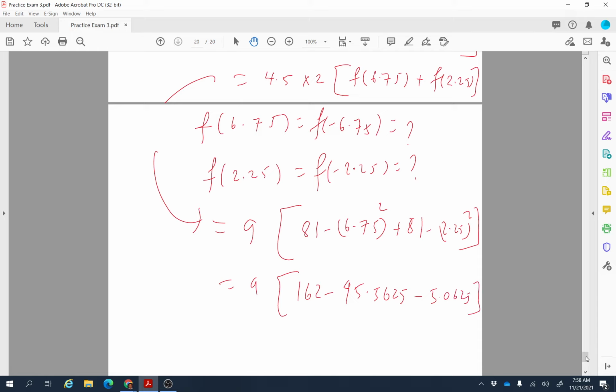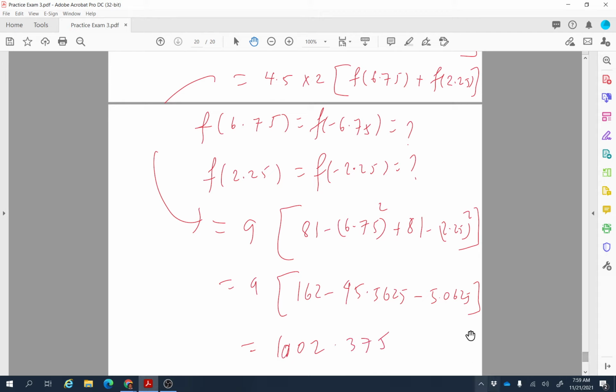So now if I do this calculation, negative 45.5625, negative 5.0625, and then positive 162, and then multiply it by 9, that will be 1002.375.